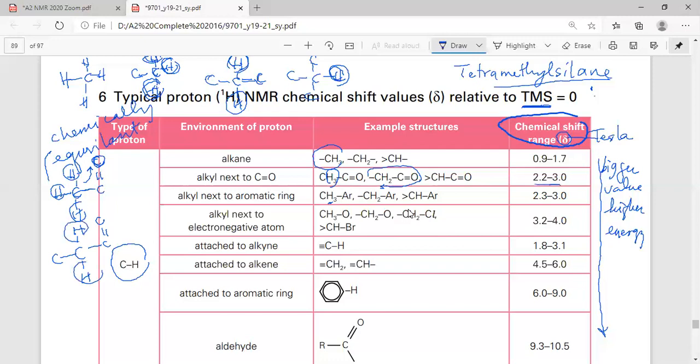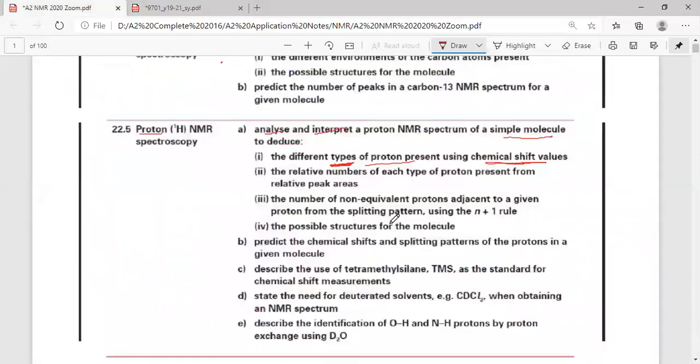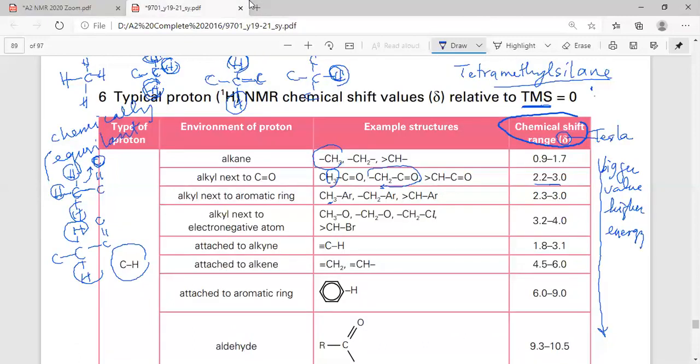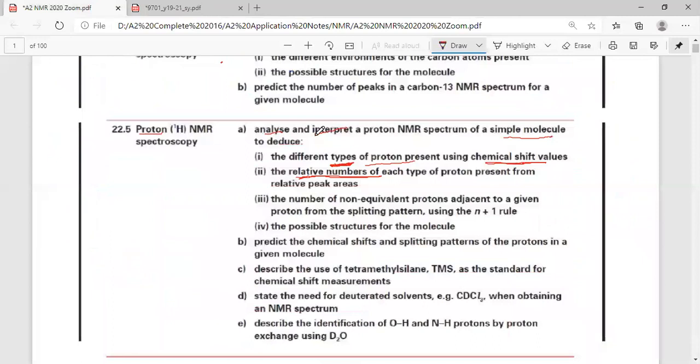Now let's look at the main thing here. It says the chemical shift, the types of protons, which I told you already, and the relative numbers: how many hydrogens are there. For example, the spectra will tell you there are 3 hydrogens, 2 hydrogens, 1 hydrogen, the number of hydrogens present.